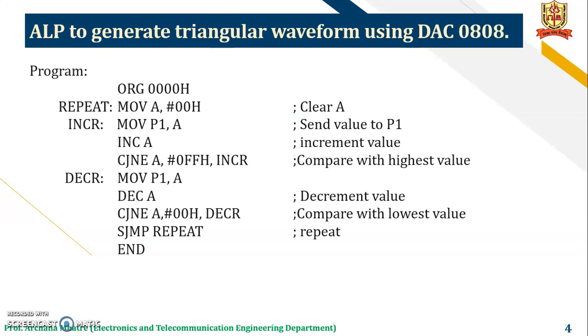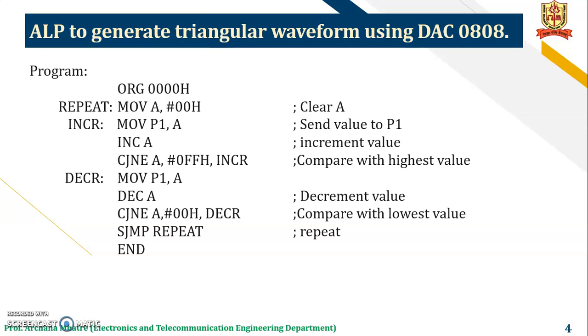Now, the assembly language program to generate the triangular waveform by using DAC 0808. For writing the program, first we initialize the program at memory location 0000H. Then move the value 00 to the accumulator, that means clear the accumulator. Then move the same value to port 1. Then increment the accumulator value and compare it with the highest value, that is FFH.